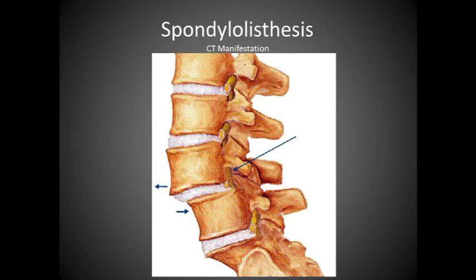So here we have just a diagram of what spondylolisthesis actually is. We have what looks to be normal alignment here. If we draw a line through, we see pretty much normal alignment, and then we get this indentation here.